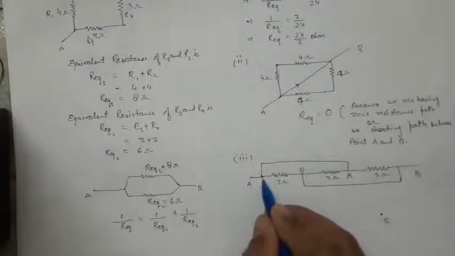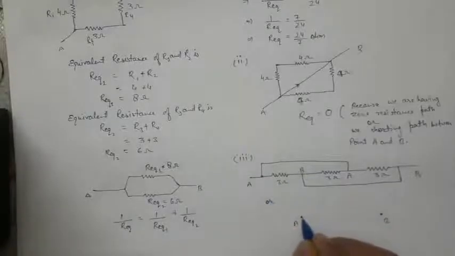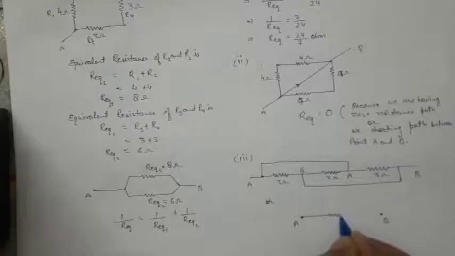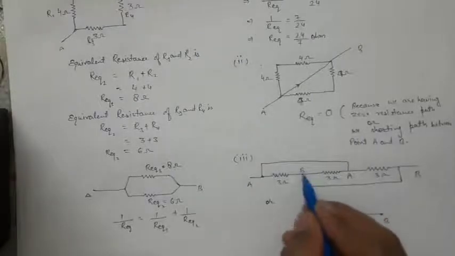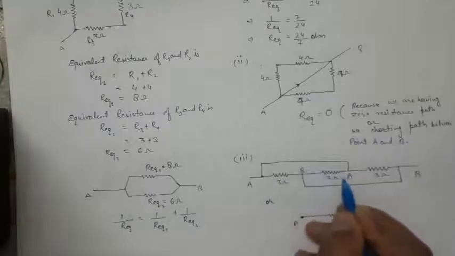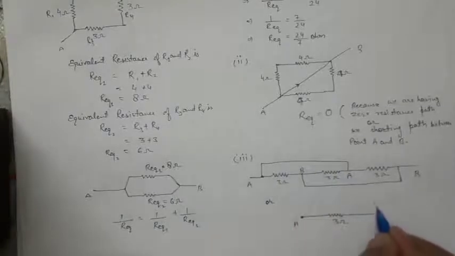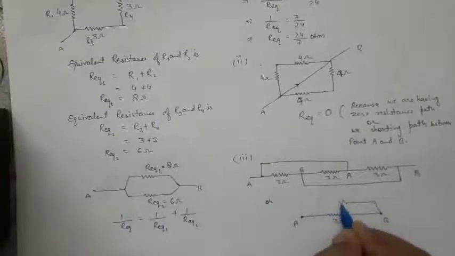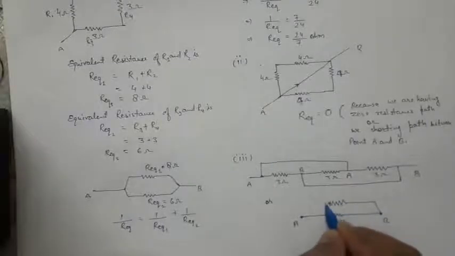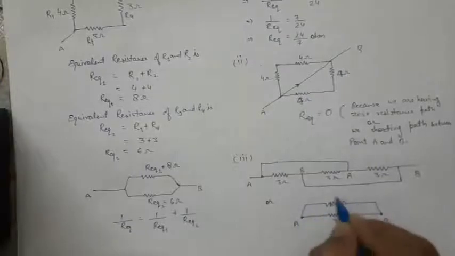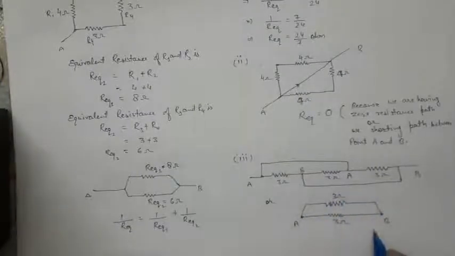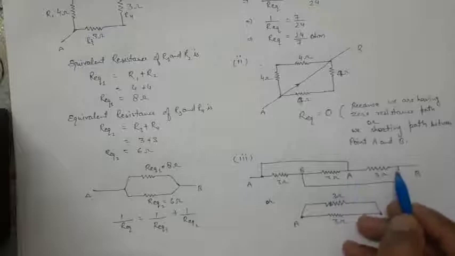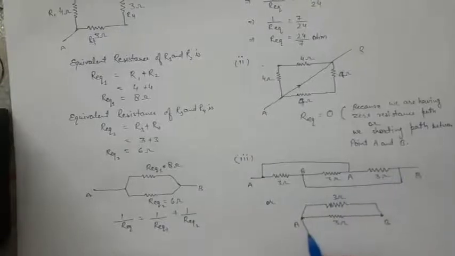Here we get a 3 ohm resistance between point A and point B. Again, between point B and point A, a 3 ohm resistance is present. Again, between point A and point B, a 3 ohm resistance is present.